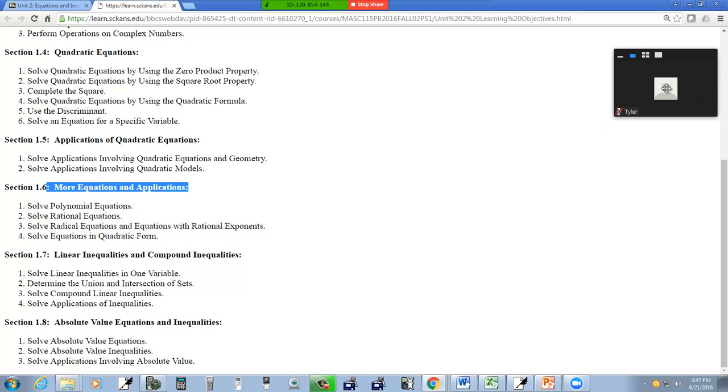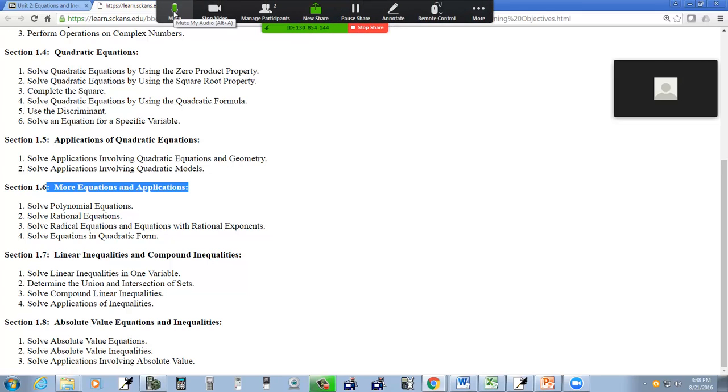Hi, Tyler. I think by default you come in muted, and if you have a microphone and you want to unmute yourself, you just go up to that, you put your mouse on the top bar and it'll drop down, and you should see a mute and unmute option there.